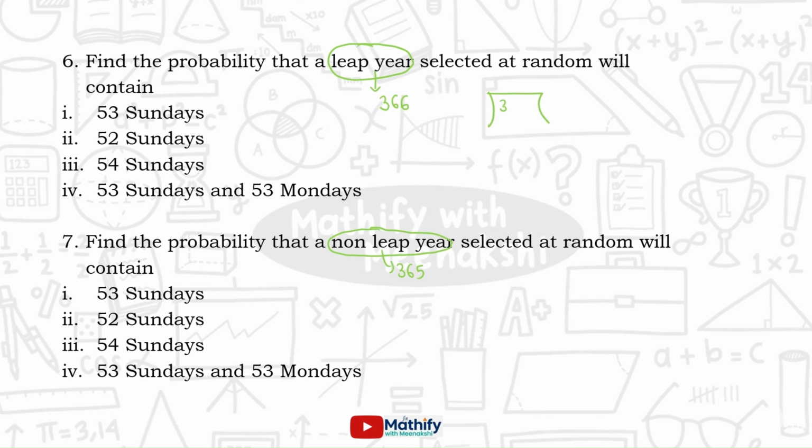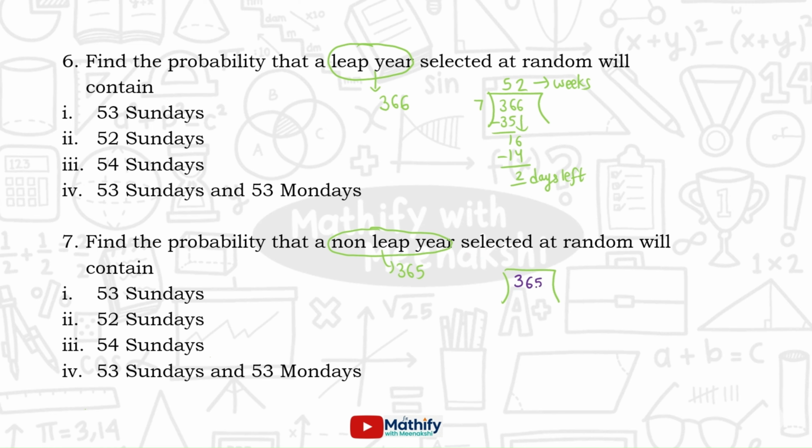How many weeks do we have? 7 into 5 is 35, we are left with 1, and then here 16, 7 into 2 is 14. That means it will contain 52 complete weeks and 2 days left. We're left with 2 days. Similarly, when we divide 365 by 7, what will we get? Let's see.